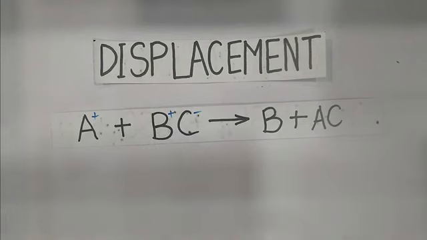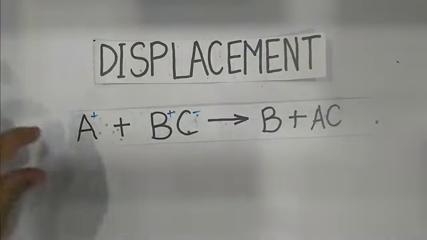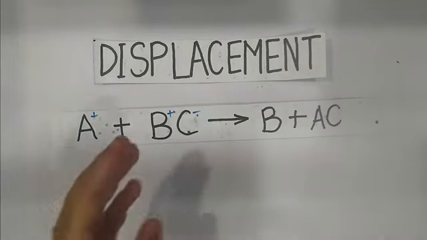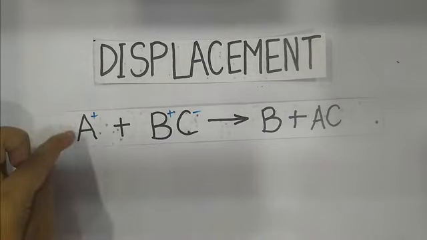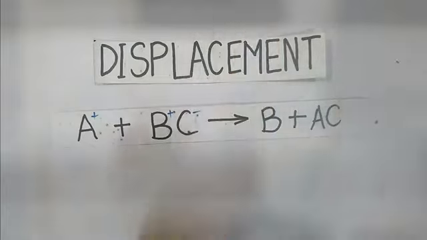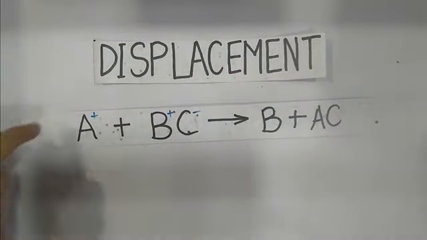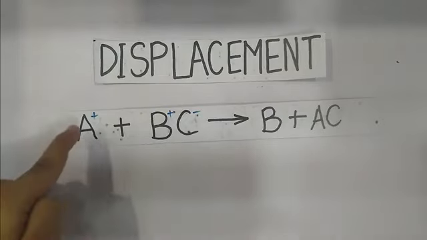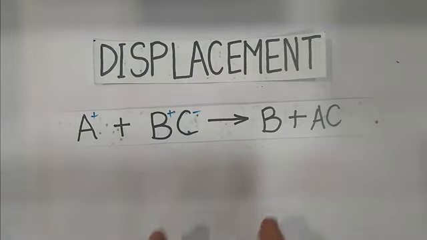Now you can also ask, why is it that this has to give us this, which means A has to get attracted to C? Why can't BC be left alone? Now that is because A was much more reactive than B. This is going to happen only if A was an element which was much more reactive than B. If A was an element which was less reactive than B, then the product would not be B plus AC.